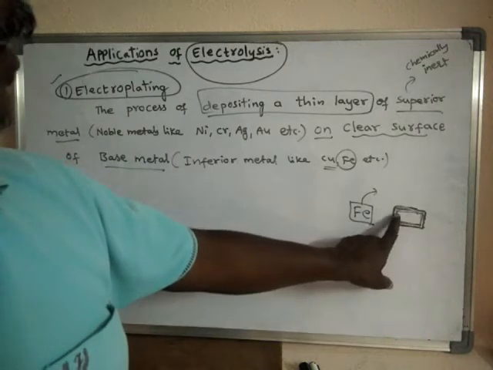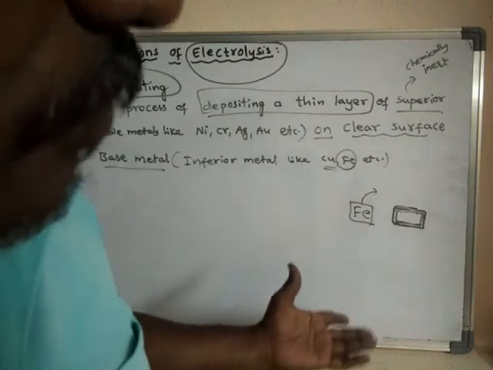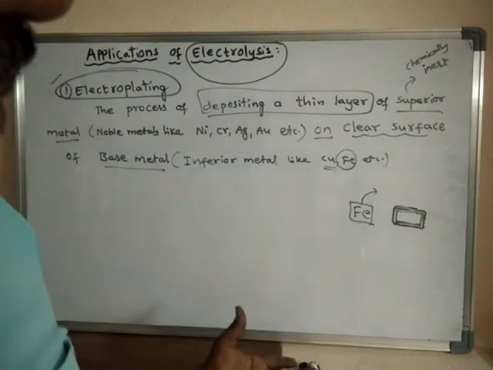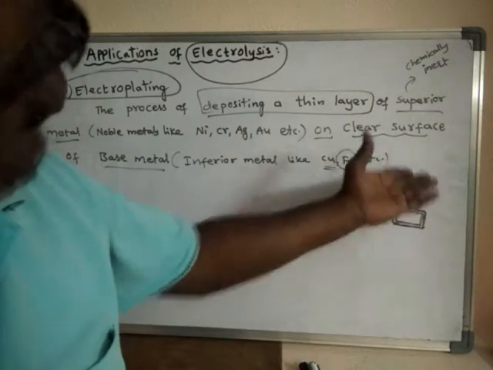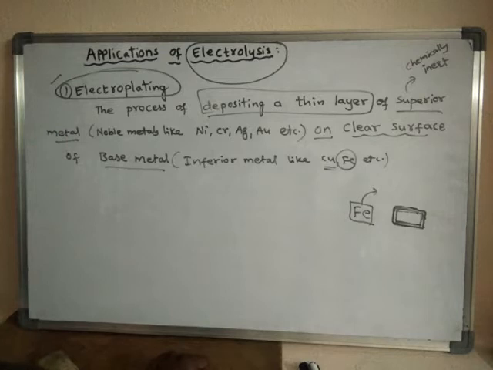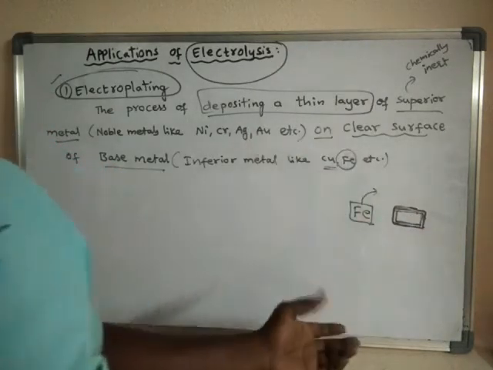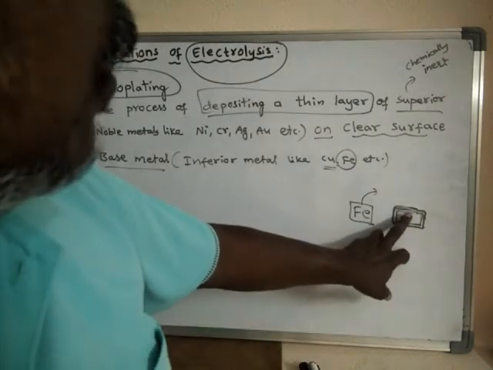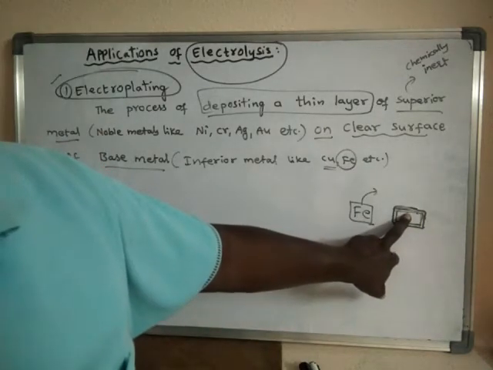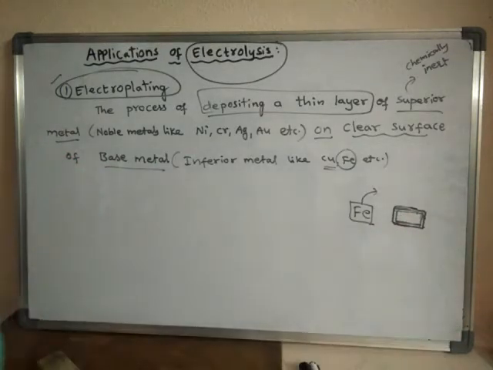So this metal does not undergo any reactions, because when does a metal react? When its surface is exposed to the atmosphere, or exposed to any other chemicals, only then will that metal react. If we do not allow the metal to be exposed to the atmosphere or to chemicals, then that metal does not react.